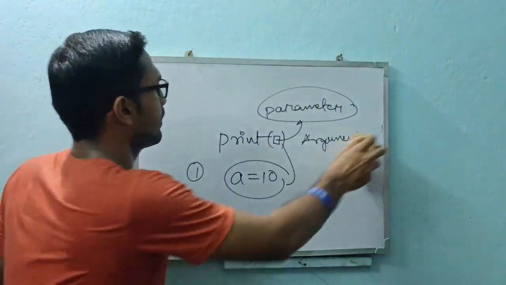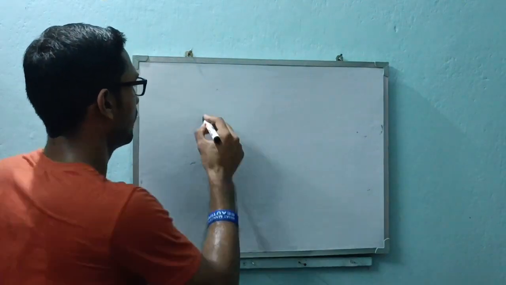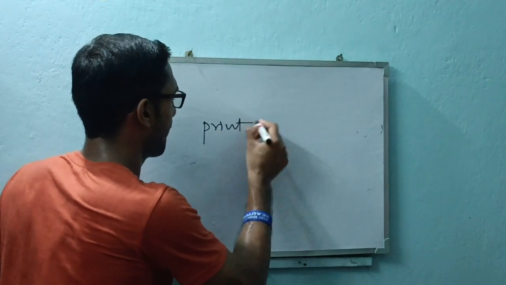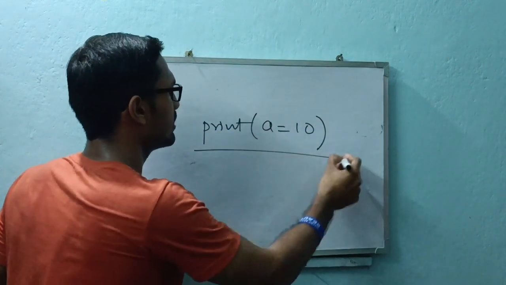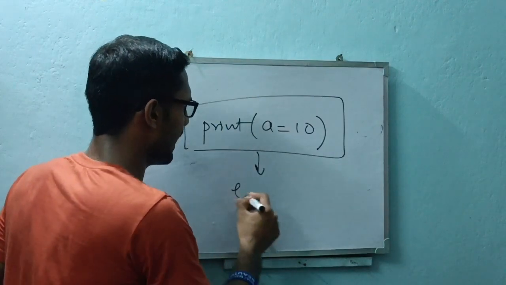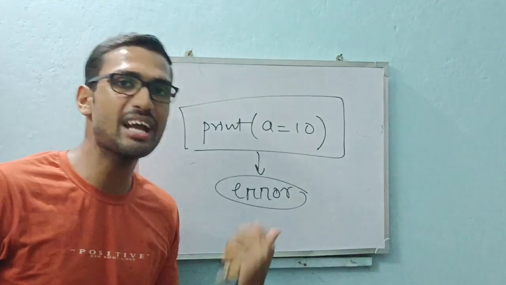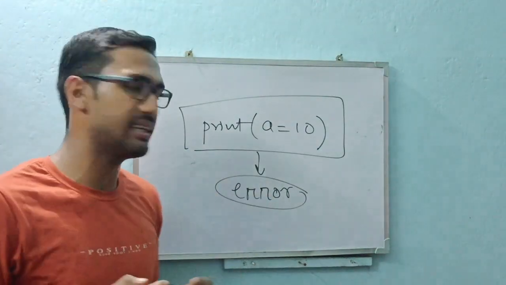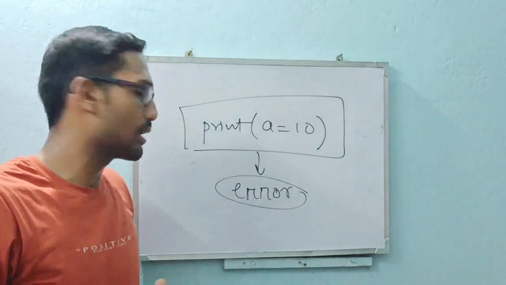Okay, so the first thing: in the print function, if you pass a statement like a is equal to 10, this is going to give you an error. So you cannot write a statement within the print function, which means as a parameter you cannot pass a statement. Clear?